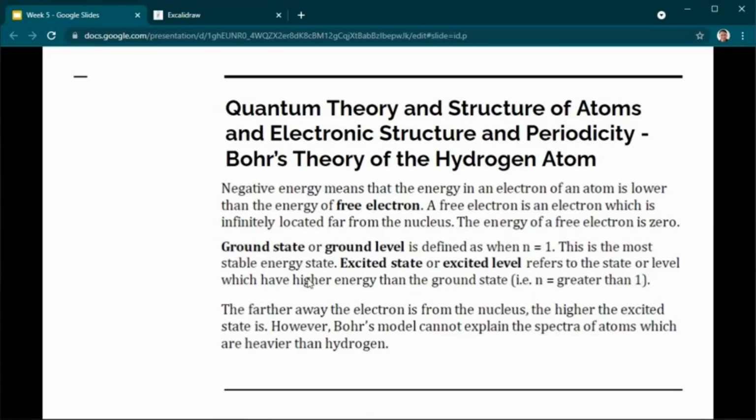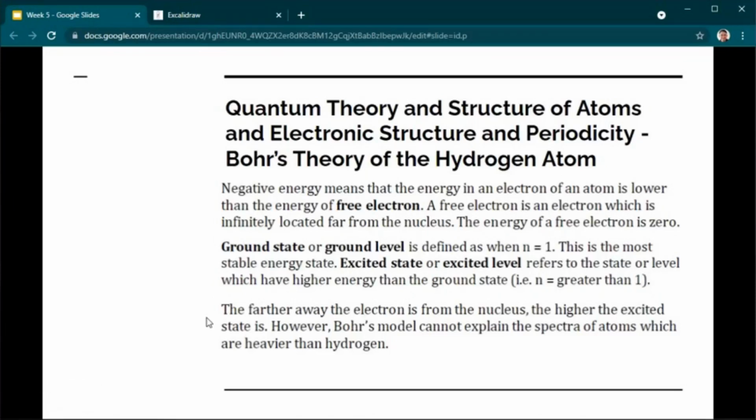The farther away the electron is from the nucleus, the higher the excited state is.